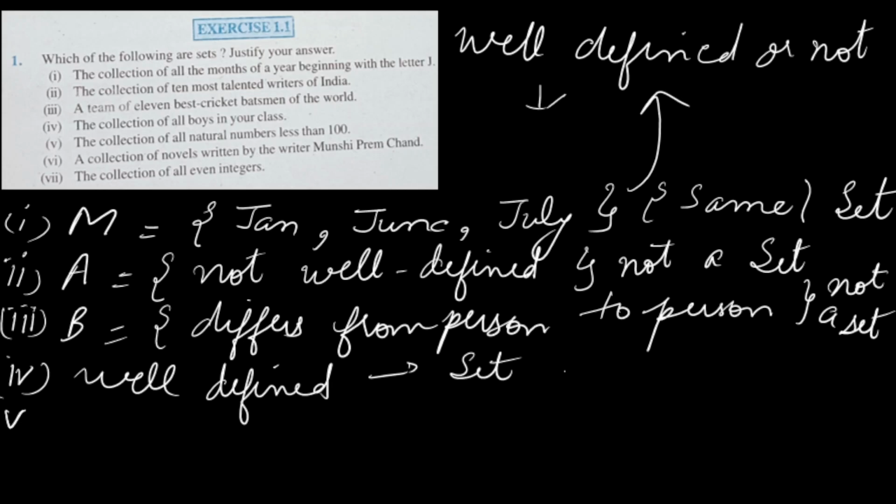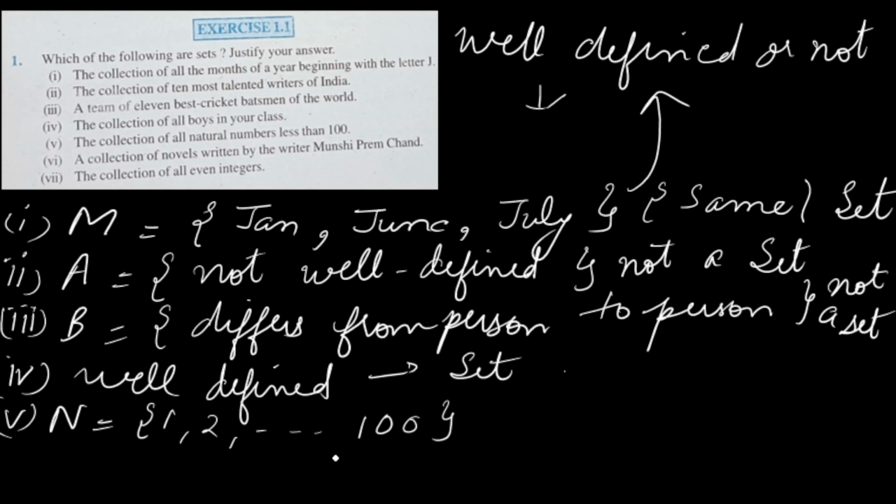Then fifth one is the collection of all natural numbers less than 100. See, collection of all natural numbers we have already discussed. This is an example of set. When we were discussing, that was an infinite set I discussed. Infinite means I didn't mention it's less than 100 or any boundary. Now it's given all the elements less than 100.